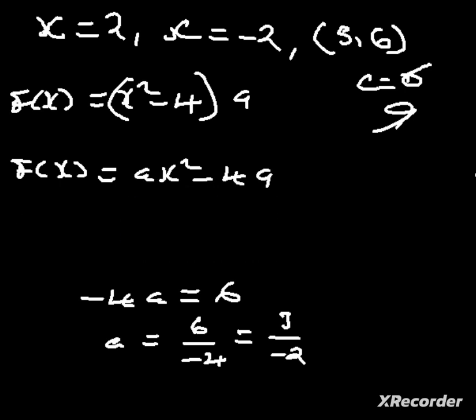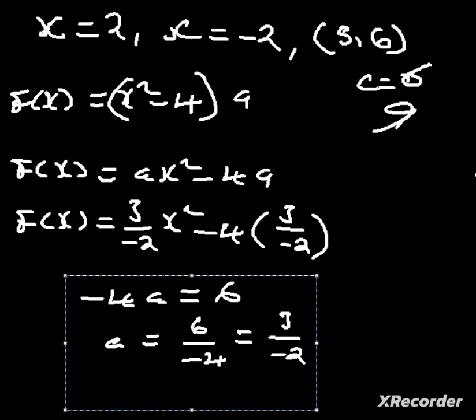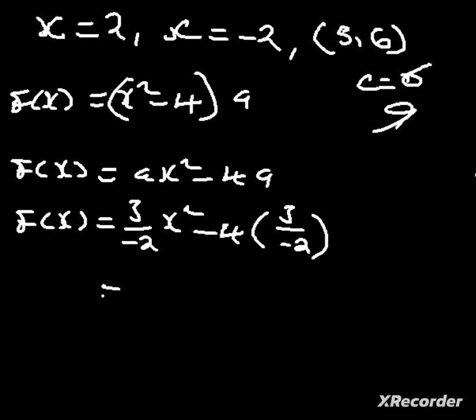So f of x is equal to 3 over negative 2 x squared, and negative 4 times 3 over negative 2, that is plus 6. Now this is the quadratic function of interest.